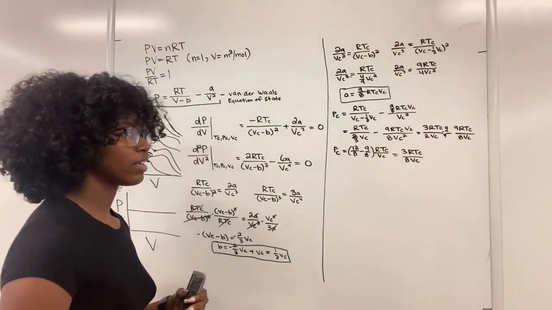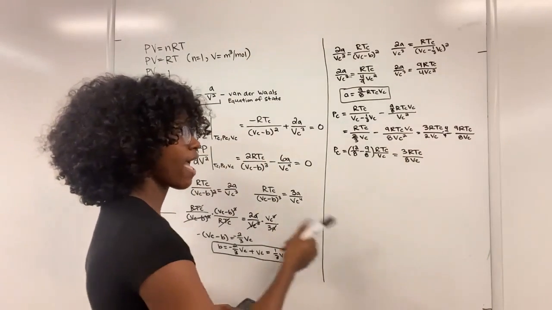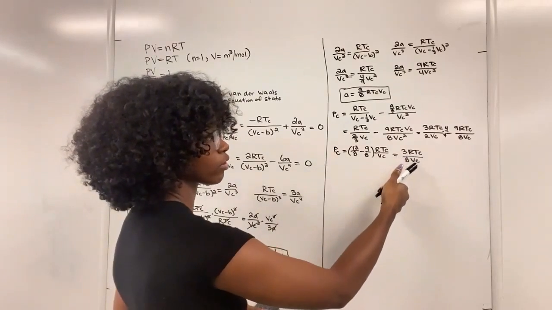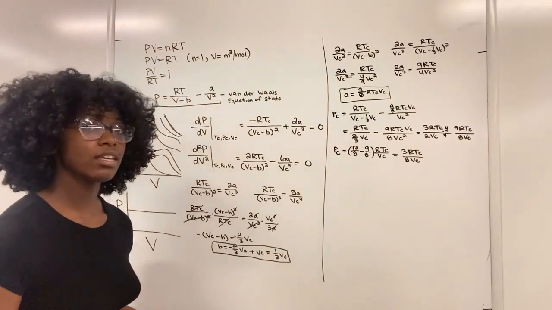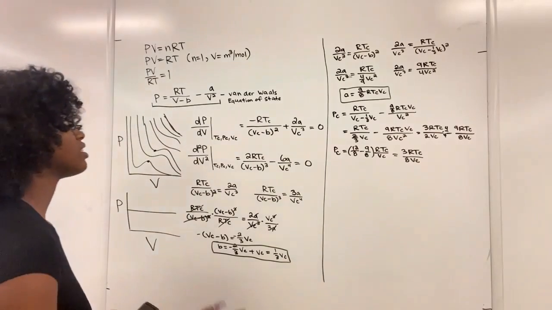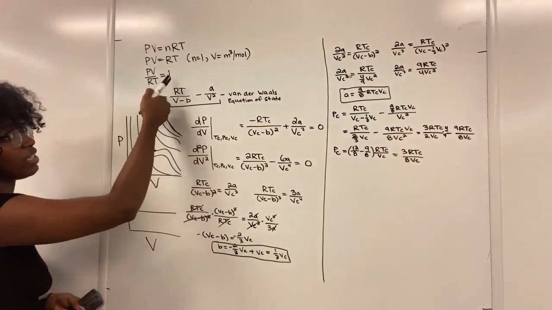And so you'll notice that we have a relationship between critical pressure, critical temperature, and critical volume. And at the beginning, we had a similar relationship using the ideal gas law, such that PV divided by RT was 1.